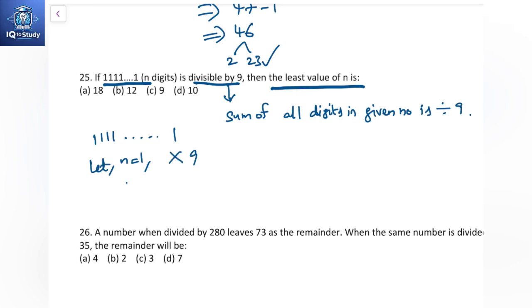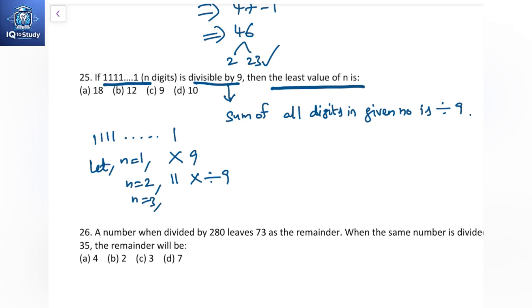Let's take n equal to 2. Then the number is 11. 11 is not divisible by 9. Let's take n equal to 3.